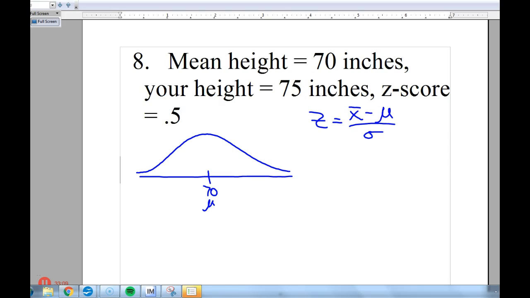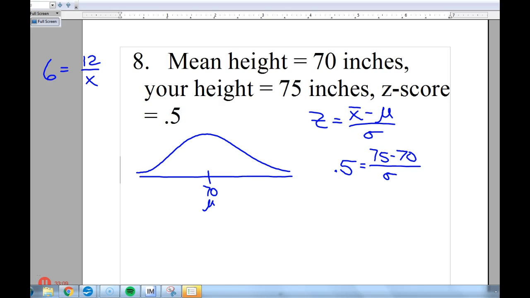Okay, so there's one little trick I want to show you here too. I know the z-score is 0.5. My height is 75 minus 70 over sigma. I don't know if you know this algebra trick, but let's say I had 6 equals 12 over x. What's x? 12 divided by what gives me 6?